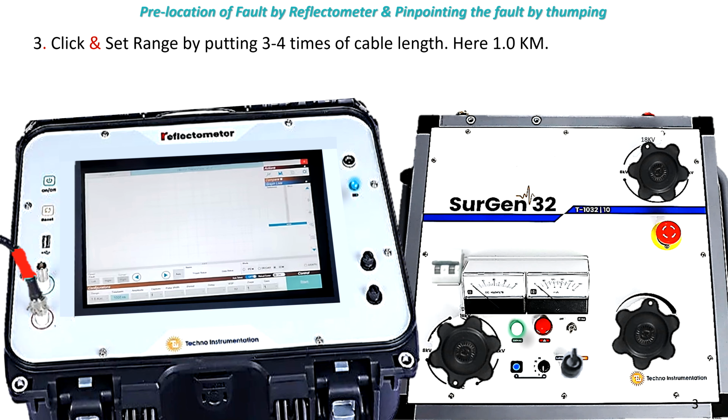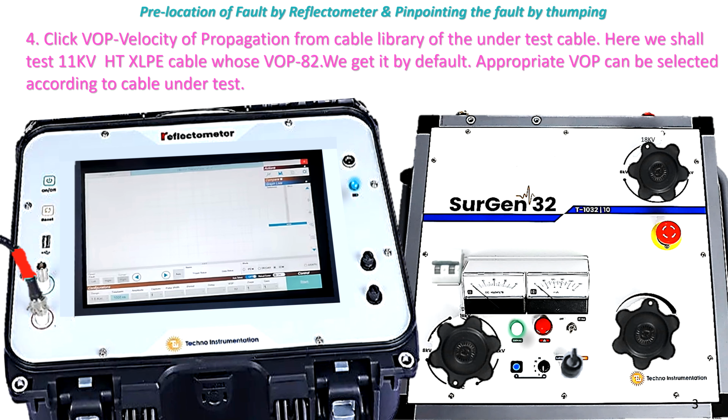Set range by putting 3 to 4 times the cable length, here 1 kilometer. Click VOP, velocity of propagation, from the cable library of the under test cable.